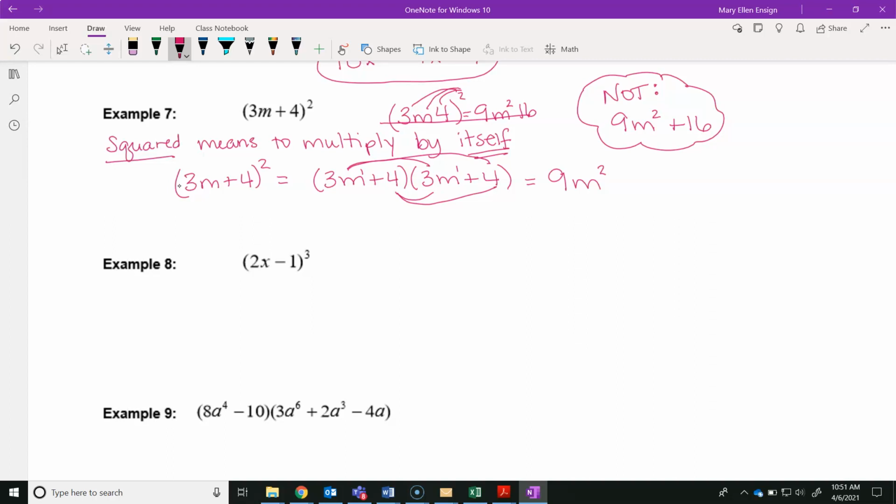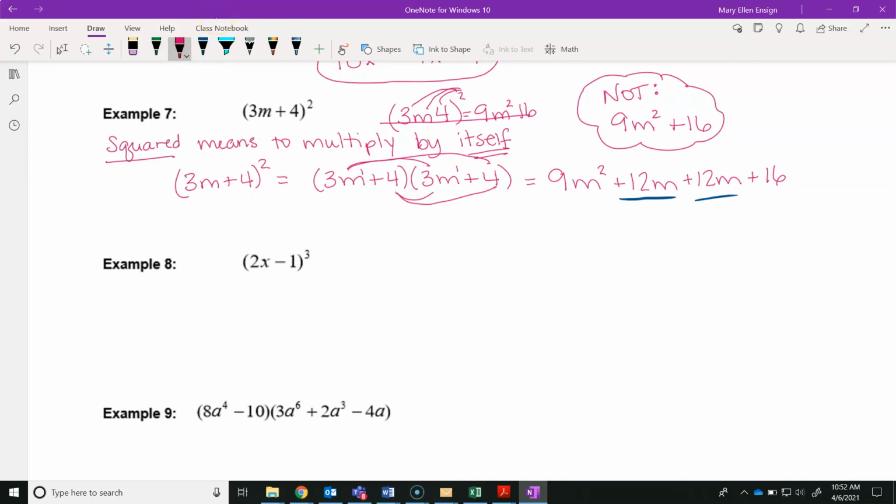The 3m got multiplied by the 3m. Now the 3m is getting multiplied by 4. 3m times 4 is positive 12m. Then I have the same thing here. 4 times 3m is positive 12m. And finally, 4 times 4 is 16. Again, I see that I have like terms that can be combined here.